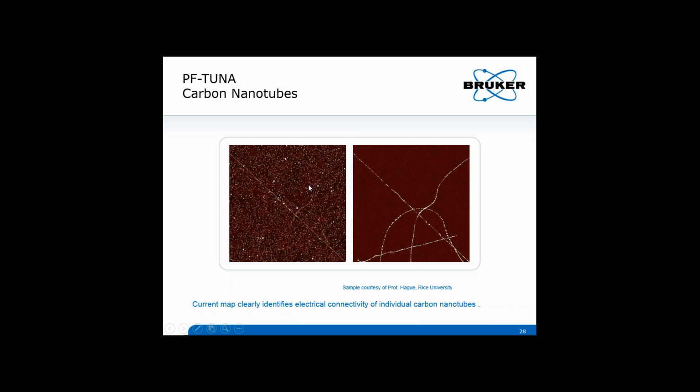And here is the residue of the carbon nanotube sample from the sample preparation. But in the current image, we cannot see this, maybe because the carbon nanotube is not connected to the conductive pad of the substrate.